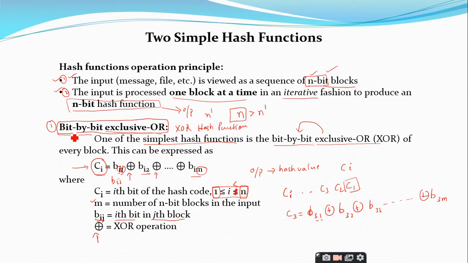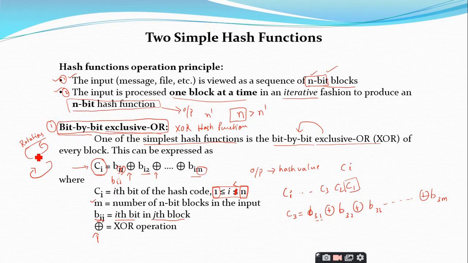Coming to the next one, which is almost similar to this exclusive OR, but to improve the efficiency, we perform a 1 bit circular shift, either to the right hand side or towards the left hand side. We can also call these circular shifts rotations.